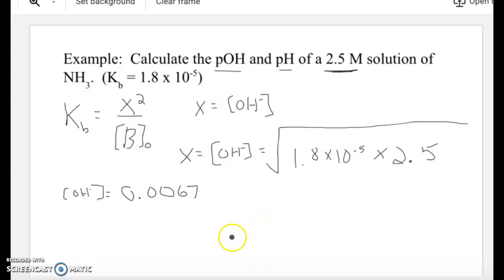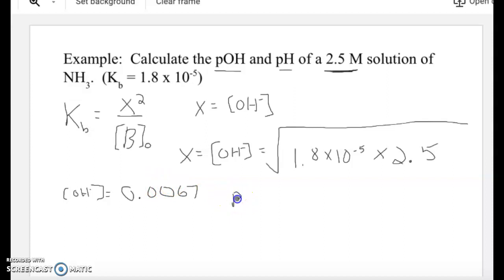Okay, and just like the other problems that we've worked, once we get either the concentration of hydroxide like we have now, or the concentration of hydrogen, or the pH, or the pOH, we should be able to find any of those four values: pH, pOH, OH minus concentration, H plus concentration. Again, once we know one of them, we should be able to figure out all of them. So let's find the pOH first.